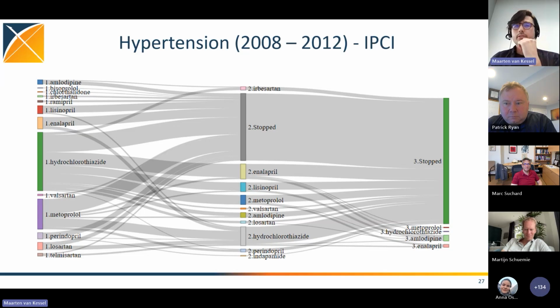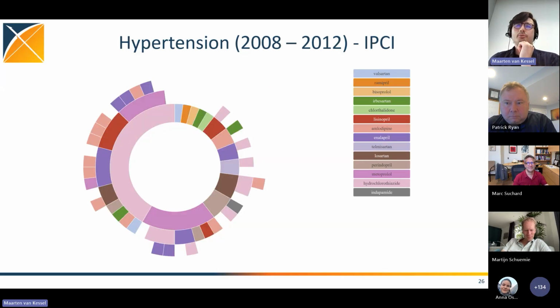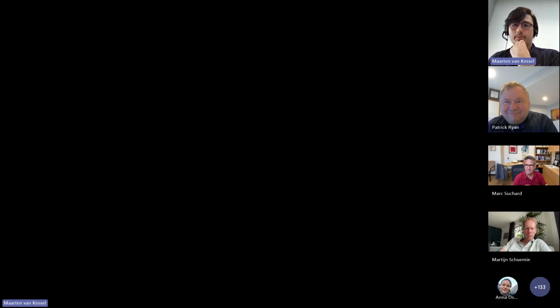But for larger pathways, or larger data sets like this, I do tend to prefer the sunburst plot. And that's my presentation about TreatmentPatterns, and I hope this was informative.